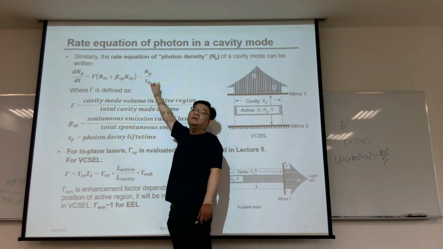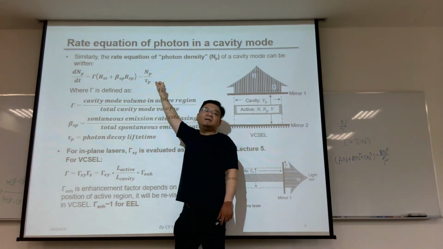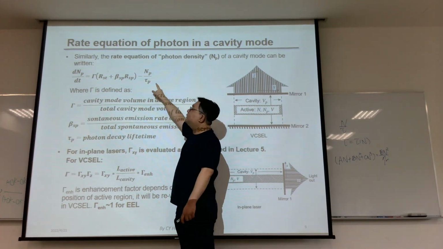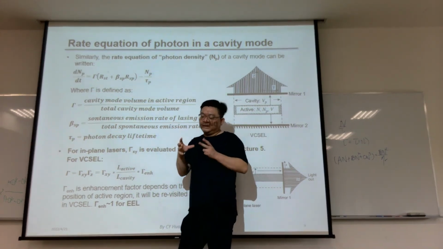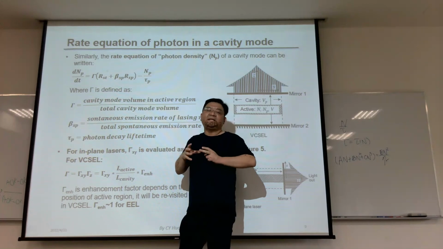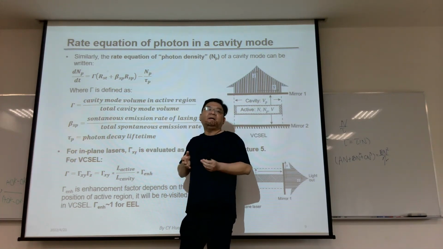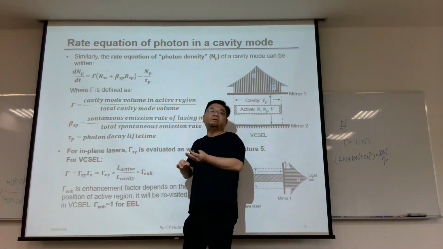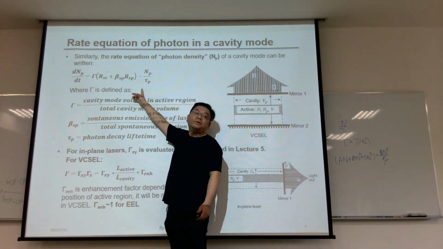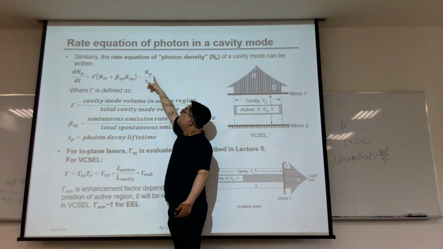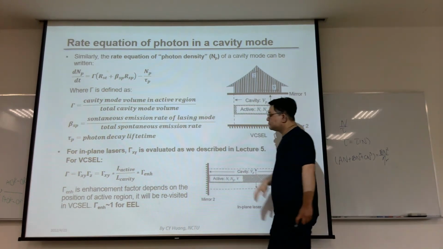Tau p will be the photon lifetime in your cavity. The smaller the tau p, the sooner your optical energy will be dissipated by some means: scattering, free carrier absorption, and so on. So this is the numerical expression, minus NP divided by tau p.